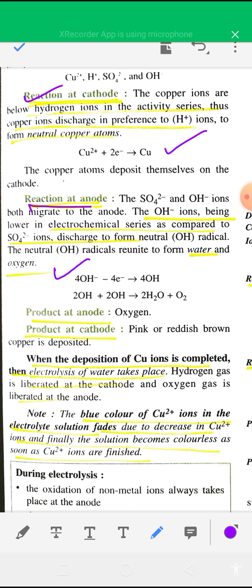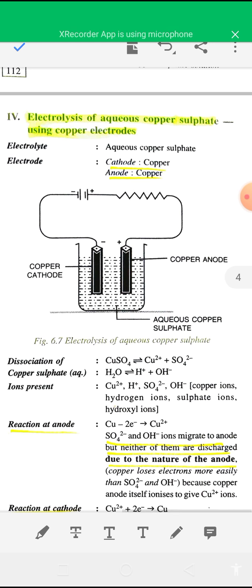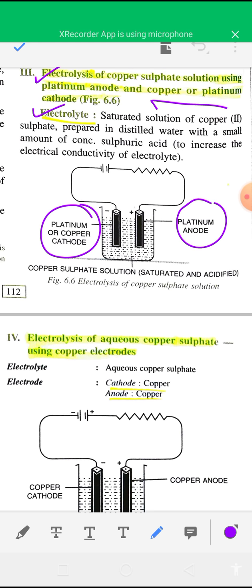So the OH- ion at the anode loses one electron to form one OH, and 4 OH radicals combine together to form 2 water molecules and 1 oxygen molecule. So you will get oxygen at the anode and copper at the cathode when electrolysis of copper sulfate is carried out using platinum or copper cathode and platinum anode.